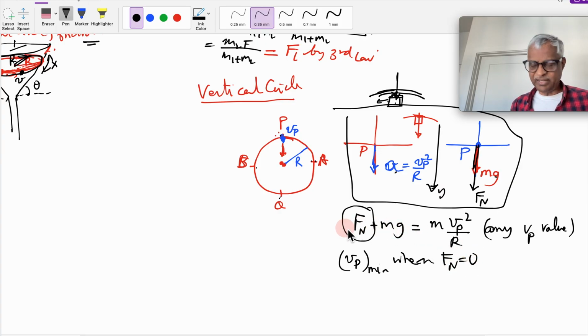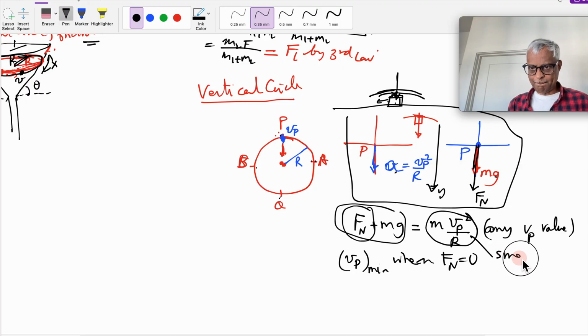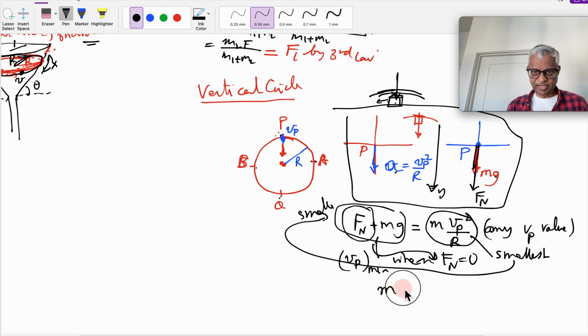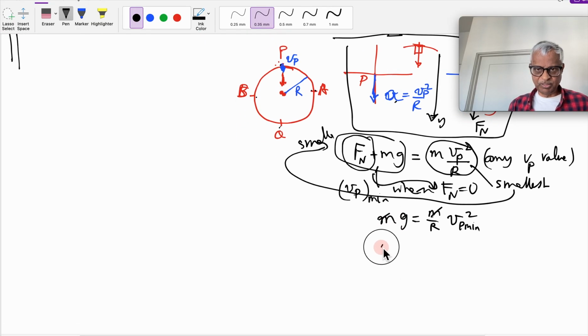Because these are adding, so this gets bigger. You want to have the smallest value this side to get the smallest value that side. The smallest requires Fn equal to 0. So in that case, mg is m over r Vp min squared. M cancels out. So Vp min is, and it's a speed, so I'm going to take the square root, just give the positive root.